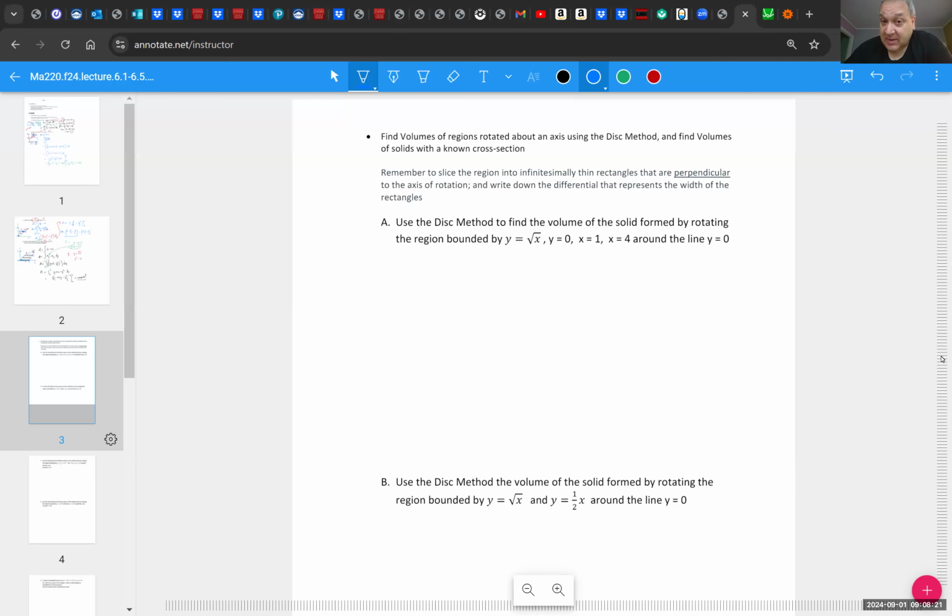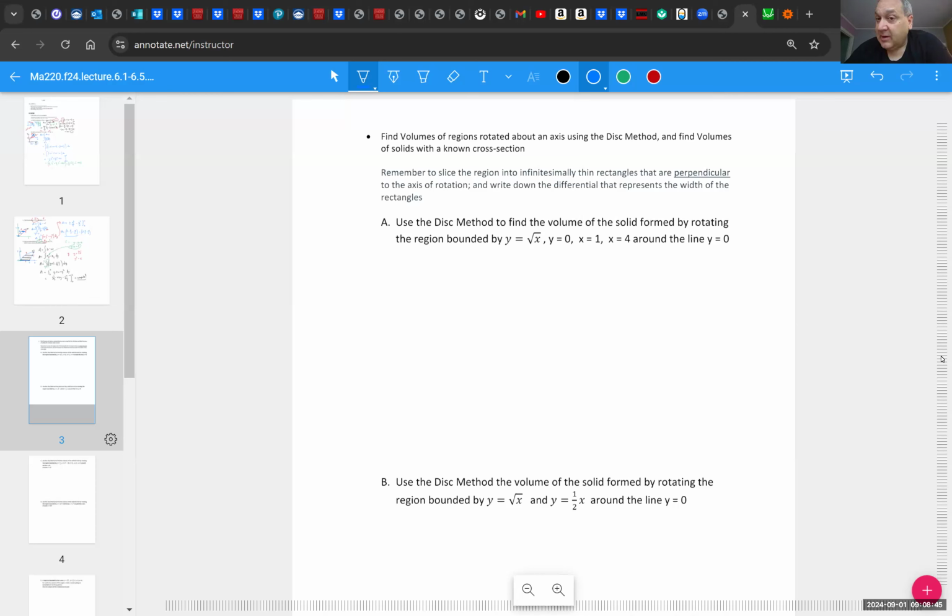For the disk method, we slice our region into infinitesimally thin rectangles, just like we did in the 6.1 video, and rotate it around some axis.